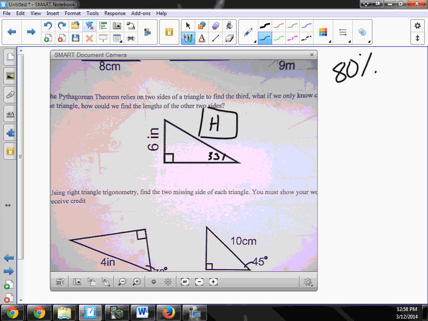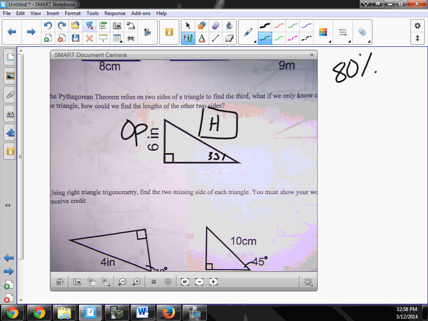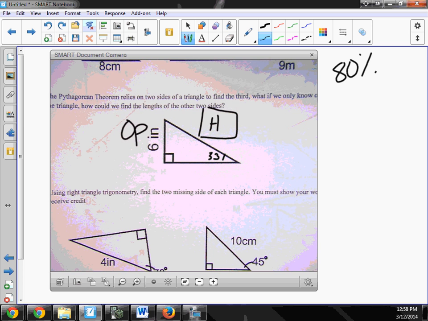Which side do I already know? I know the 6, and the name of the 6 is opposite. So if I know the opposite, and I'm trying to figure out the hypotenuse, which trig function do I use? Well, there are two of them that use O and H.